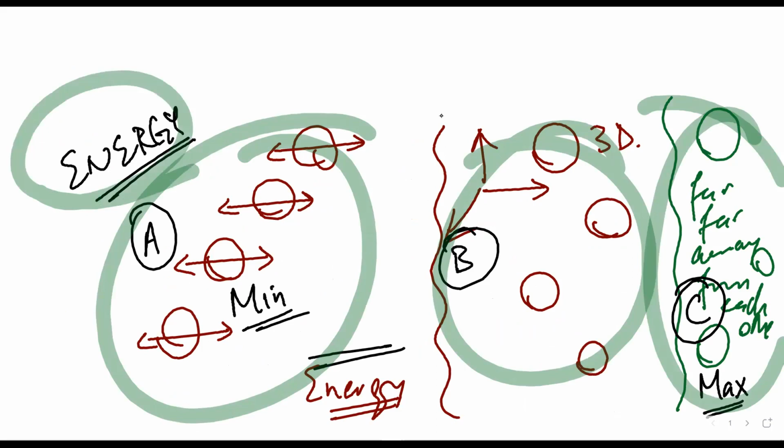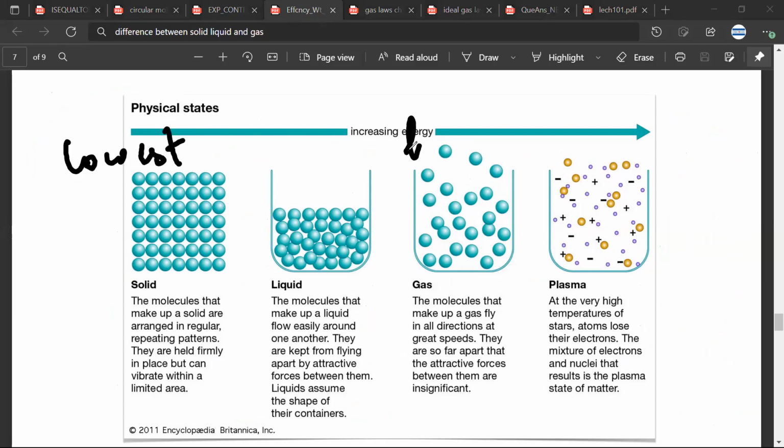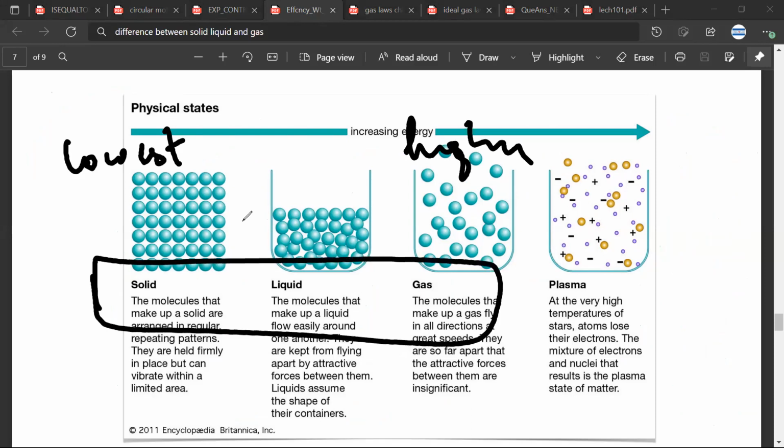And due to this difference in energy, you will see this consequence: this is the lowest energy state. This would be the highest energy state if we are comparing solid, liquid, and gas. Mr. Ariman, any doubt? No doubt, sir.